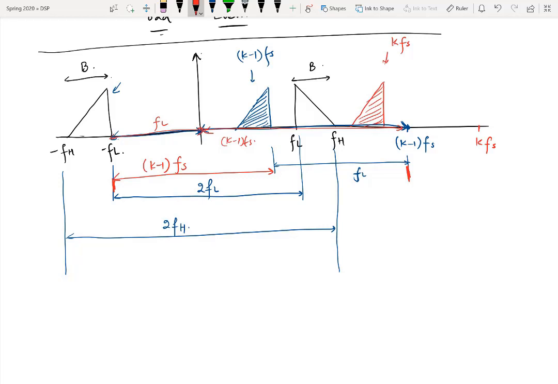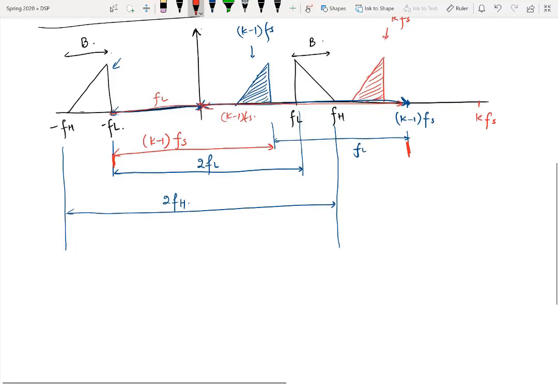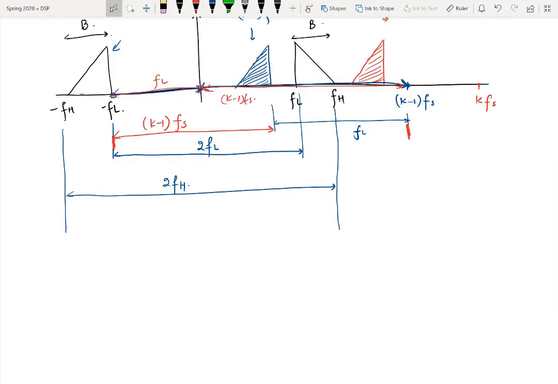I have taken FL towards the left and (k minus 1) fs towards the right. So in this formation, it is (k minus 1) fs. Similarly, by using the same approach, you can also label here k times fs. So if I start from FH and I go until the lower end of this point, so what about this range?